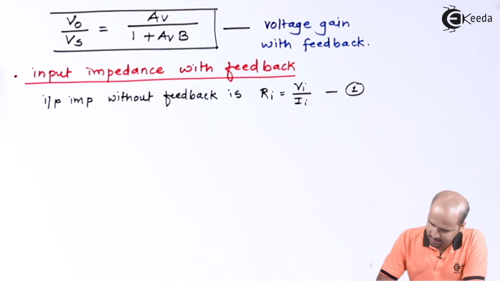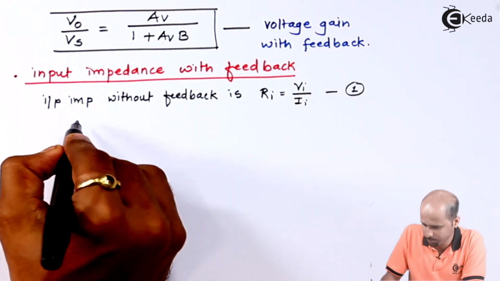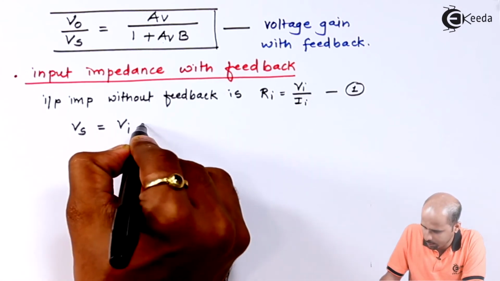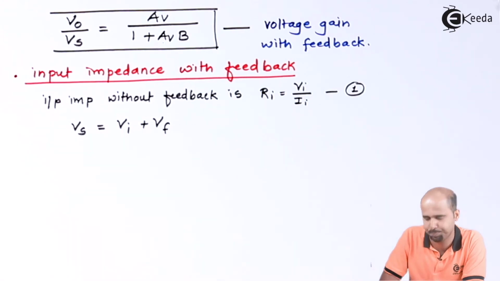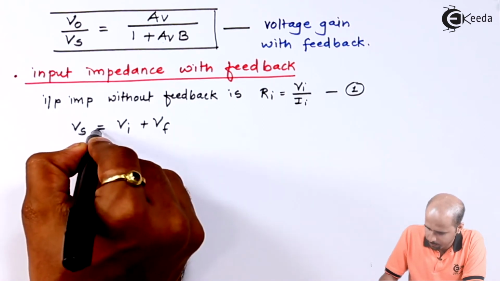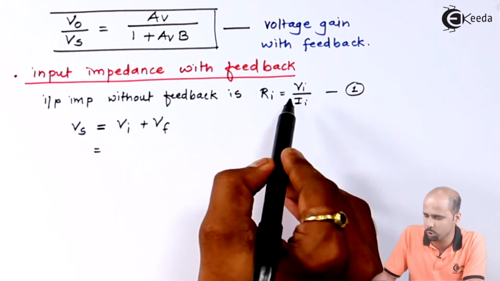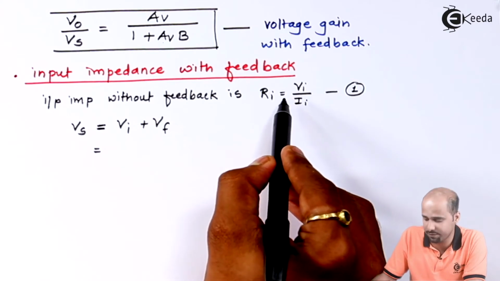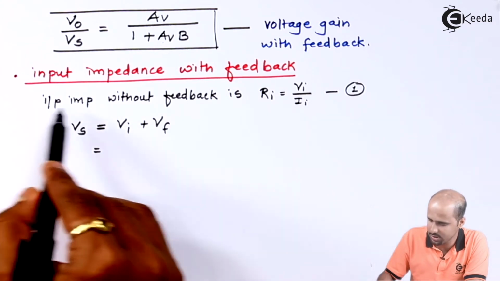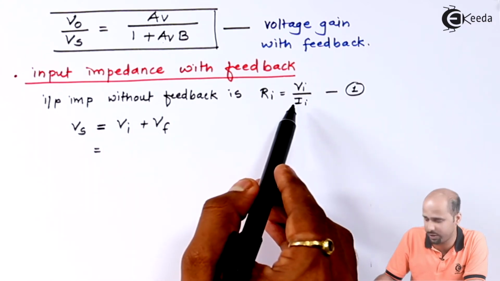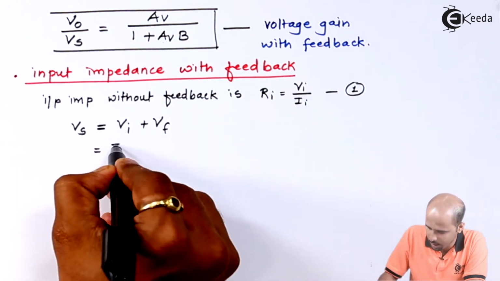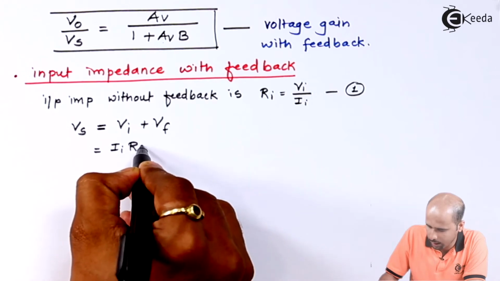Let's try to get the previous form, that is Vs is equal to Vi plus Vf. I want the value of Rif, your resistance with feedback. So Vi I will convert into resistance, that will become Ii into Ri.